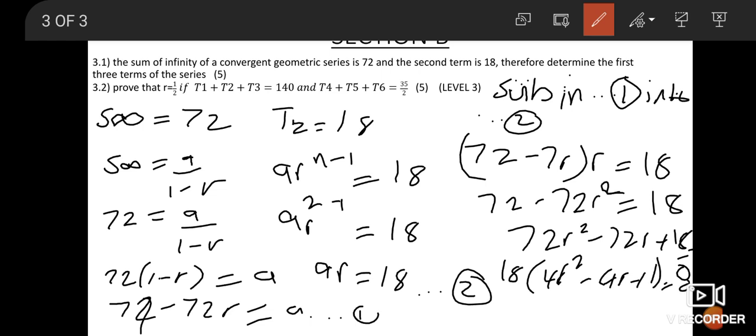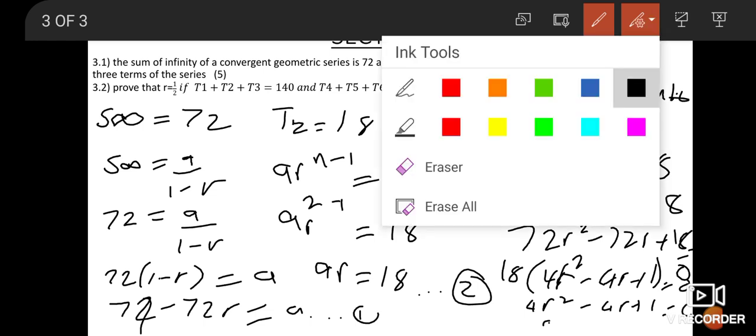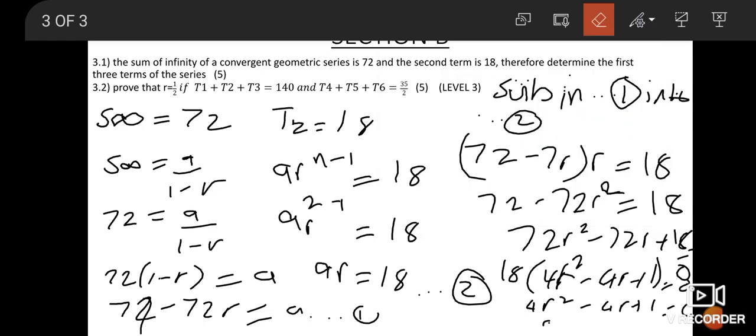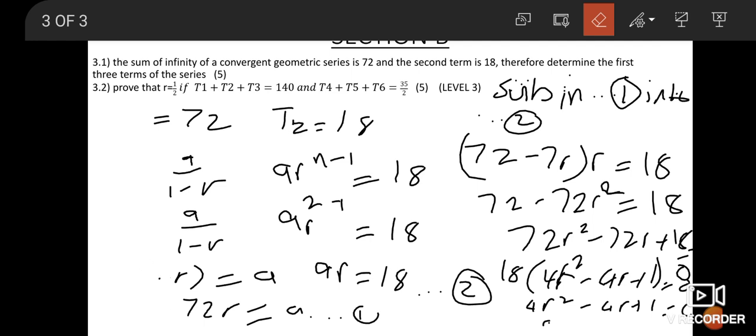Then from there on, we simply divide the 18 by 0, and it's going to be 4r squared minus 4r plus 1 equals 0. Simply factorize it now. We can erase this part just to save some space.